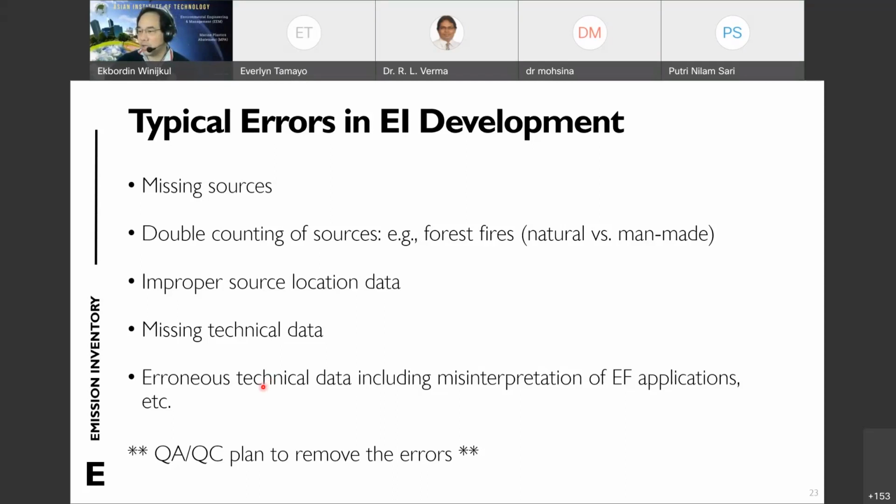Last one is going to be the erroneous technical data, including the misinterpretation of the emission factor application, meaning that sometimes we didn't develop the emission factor by ourselves. We use another data source. Then we need to make sure that the situation in which we apply the emission factor from other studies is the same as the situation that we apply in our study.